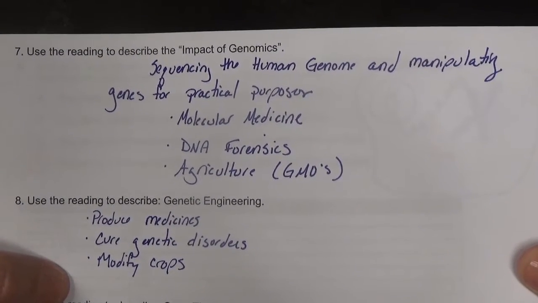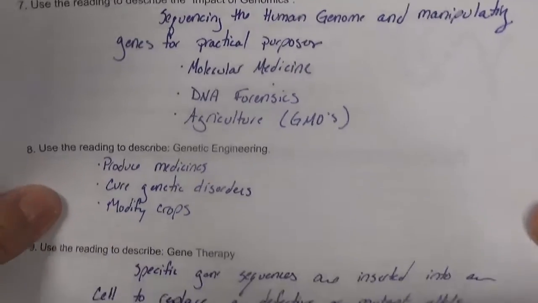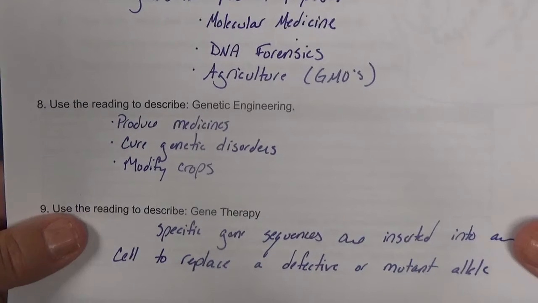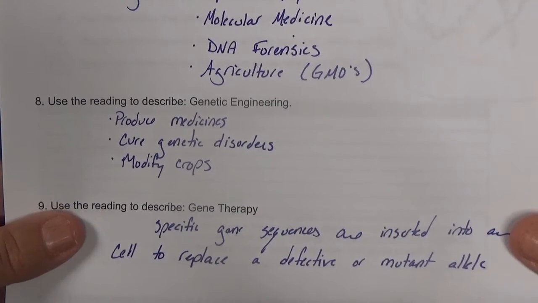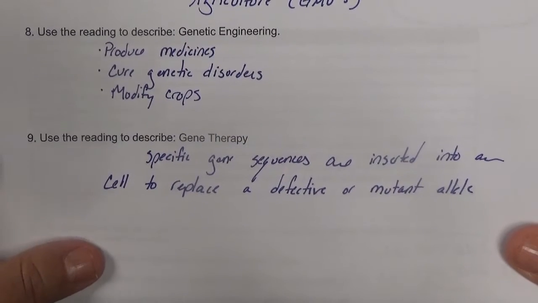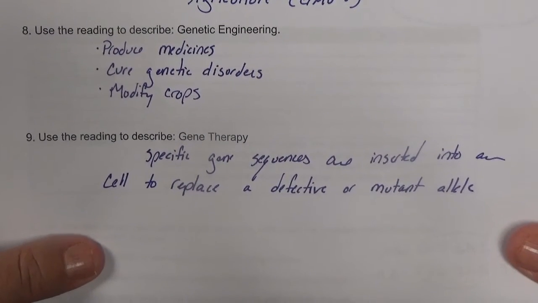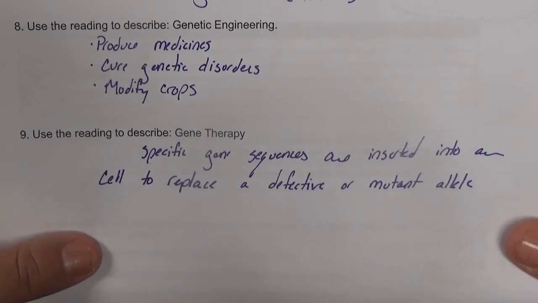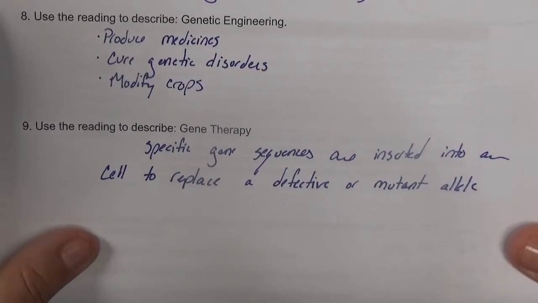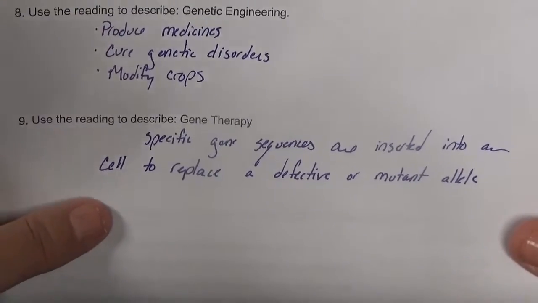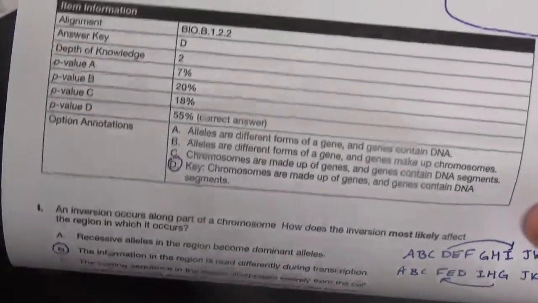You may have heard of genetically modified organisms. Genetic engineering is being used right now to try to produce medicines, cure genetic disorders, and modify crops. And then gene therapy is when specific gene sequences are inserted into a cell to replace a defective or mutant allele. So they're trying to cure diseases using gene therapy.